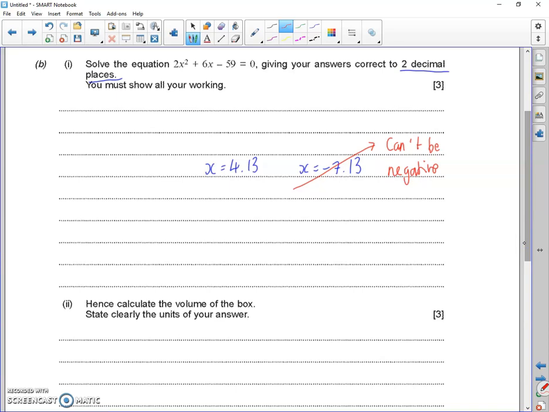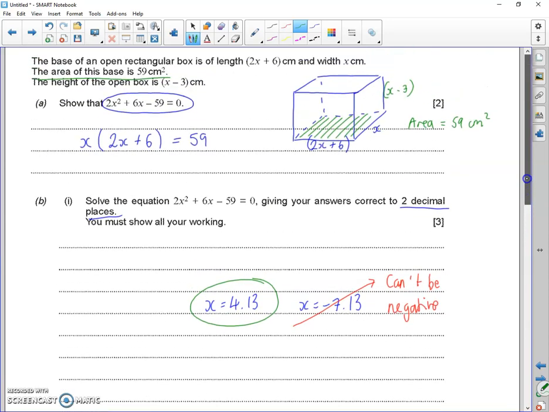This is the easiest part, especially with a calculator. We've got our value of x is 4.13. So, put it back into our 3 measurements. So, the length is 2 times 4.13 plus 6. X is just 4.13. Then we've got 4.13 minus 3.